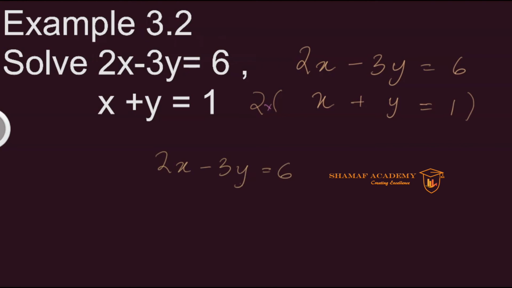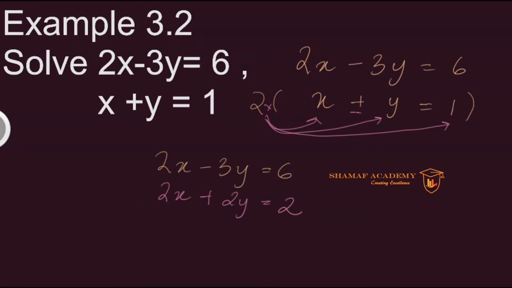This is the old first equation. And now I'm writing the new second equation, which is 2 times x is 2x, 2 times y is plus 2y because there's a positive here, plus 2y, and then 2 times 1 equals 2.